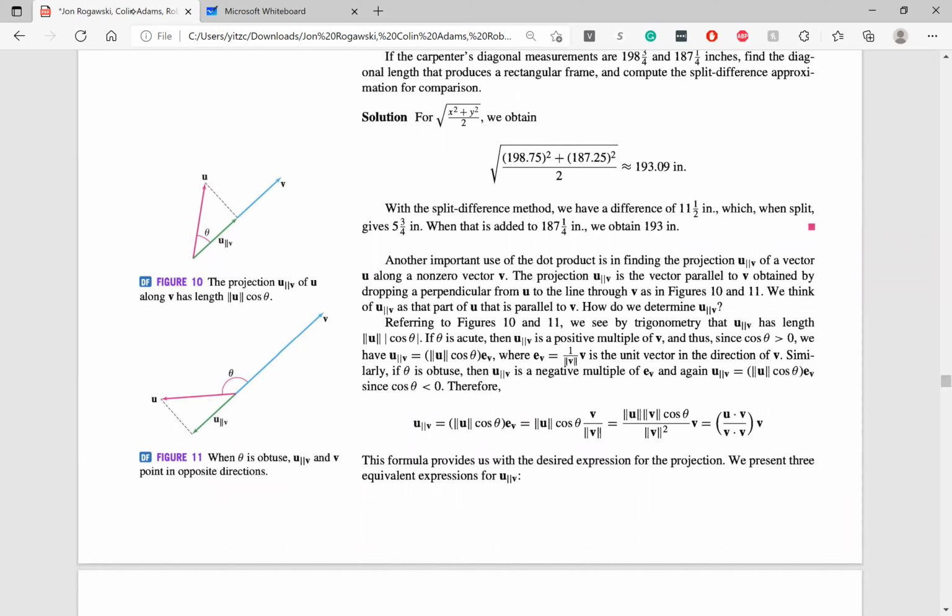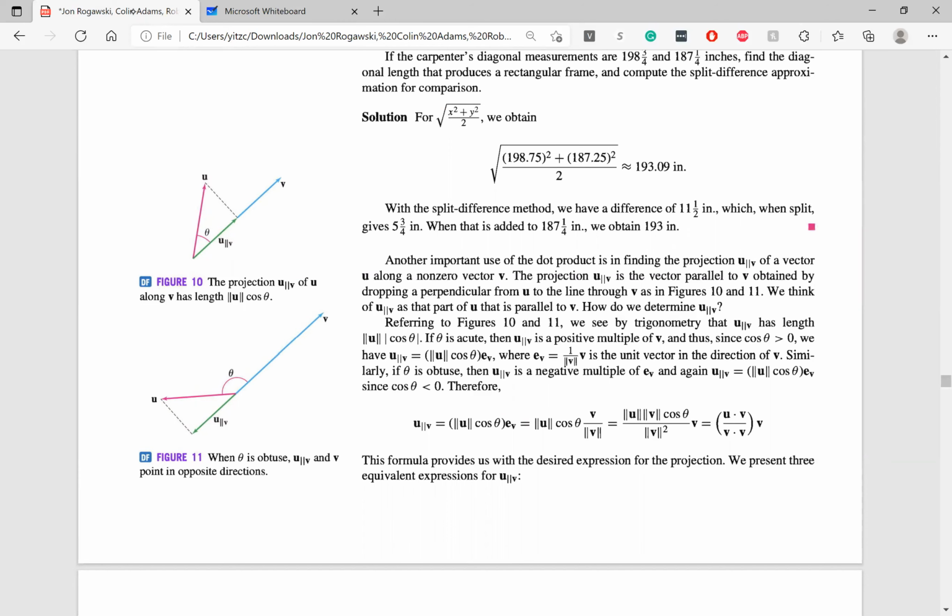Okay, outside of finding an angle, there are two very important uses for the dot product. One of them is finding the angle, and another one is finding the projection of one vector onto another vector, which is very useful.